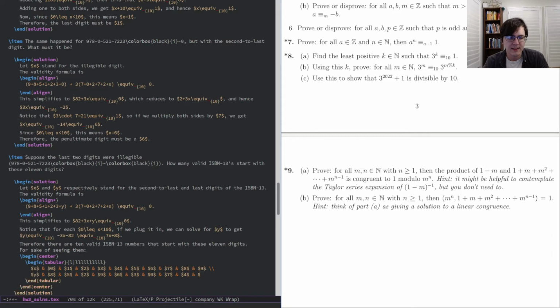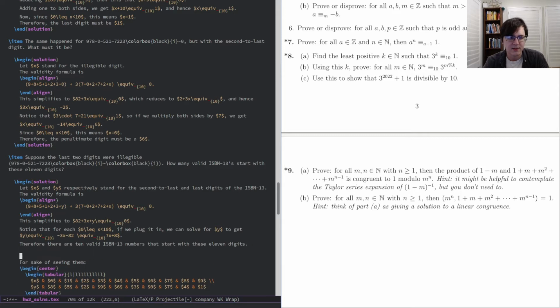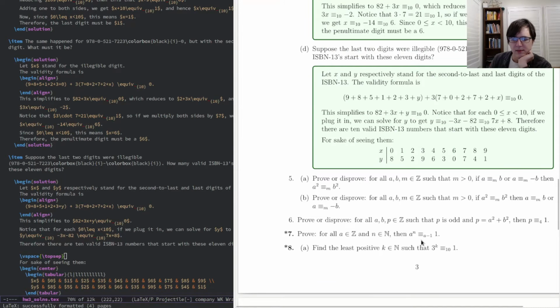And then 1. Guess that's clear enough. Oh yeah, so one thing in the design of ISBN: why is there a 3?